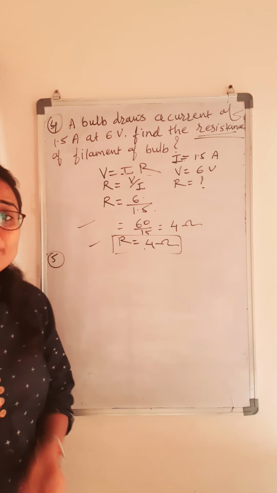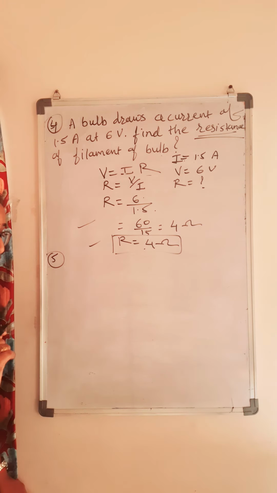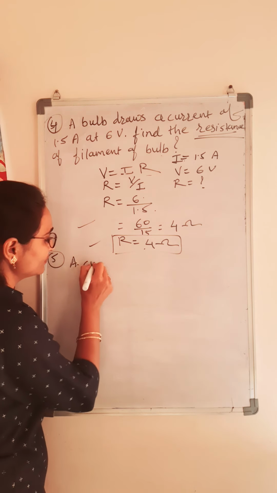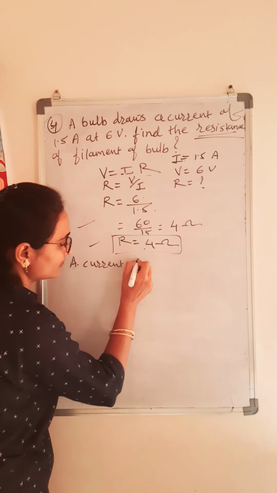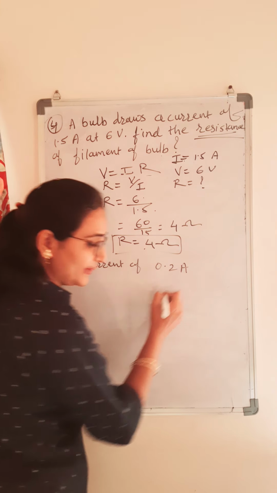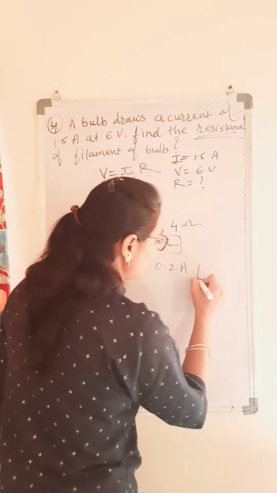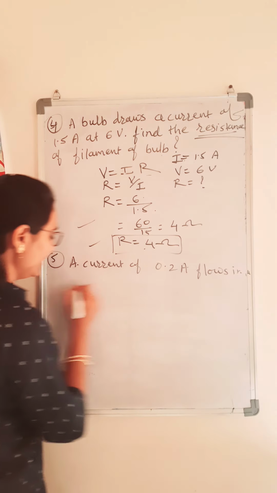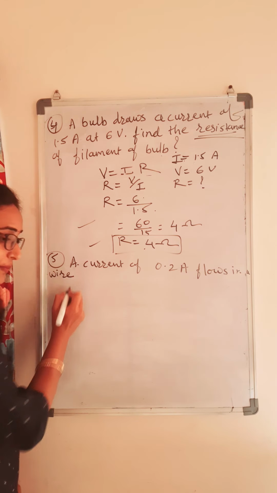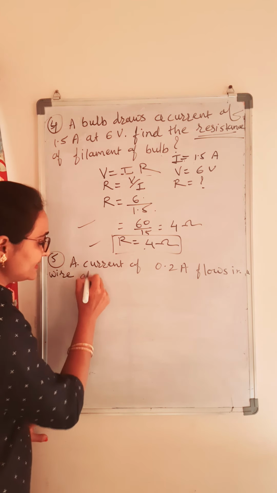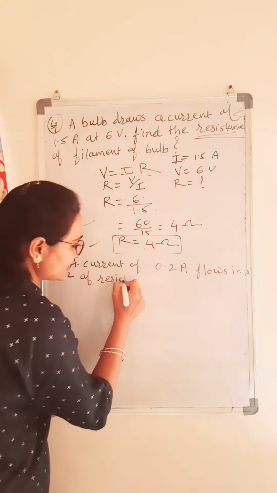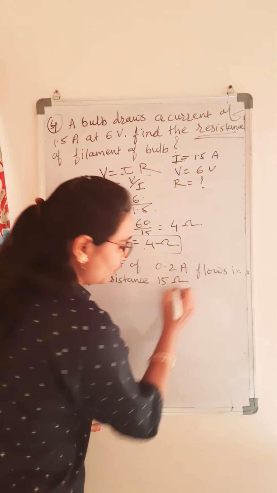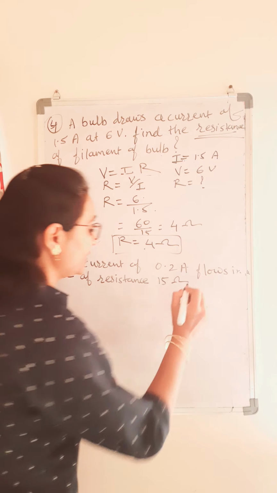Suppose a current of 0.2 ampere flows in a wire of resistance 15 ohm.